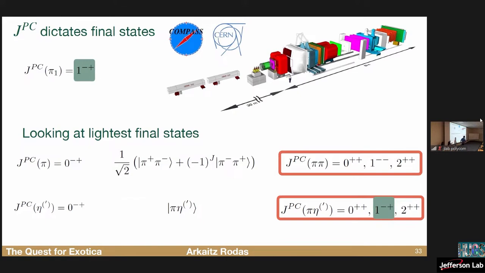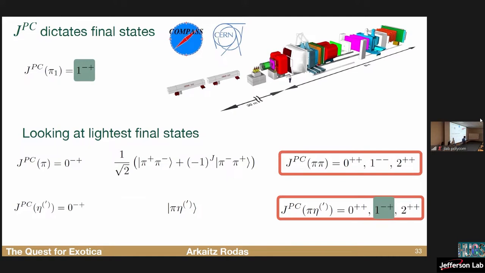It means that we do not have that final state in pions. So no, the hybrid cannot decay to 2 pions. But it can decay to a pion and an eta, or a pion and an eta prime. We also play with this because they are no longer identical particles. So this is a way of describing the system.